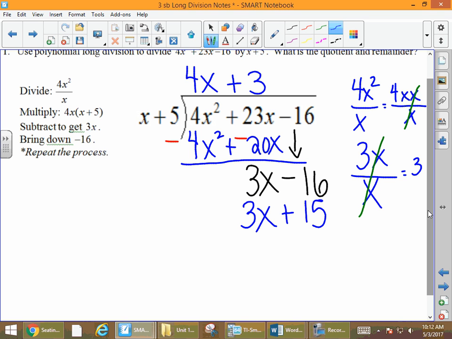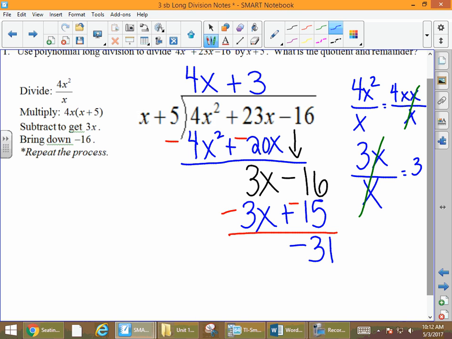Change both signs. And when we do, 3x minus 3x is 0. It cancels out. Negative 16 plus a negative 15 is negative 31.